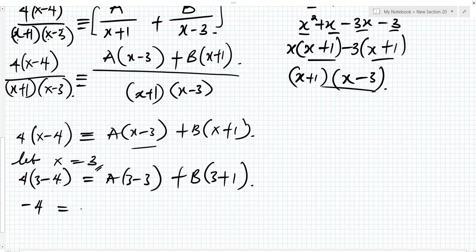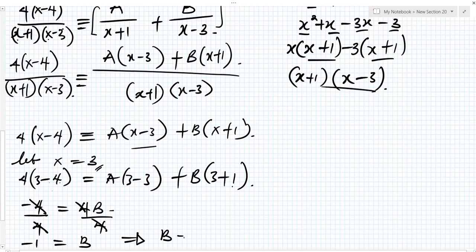This will be 0. We will be left with 3 plus 1, which is 4, times b, which is 4b. Dividing all through by 4, this will give us minus 1 equals b. So it implies that b is equal to minus 1.